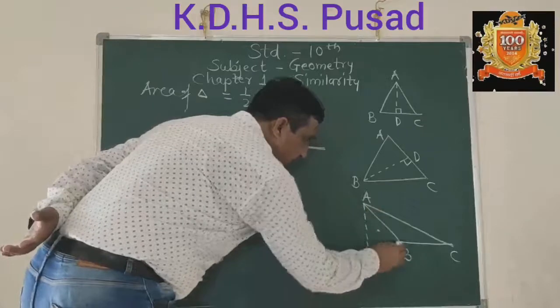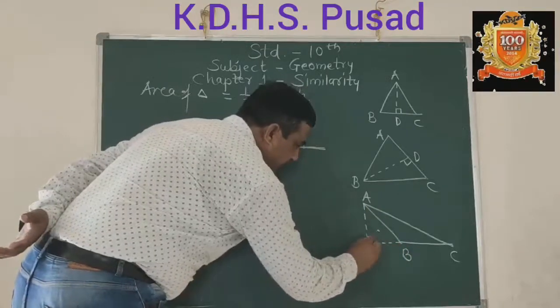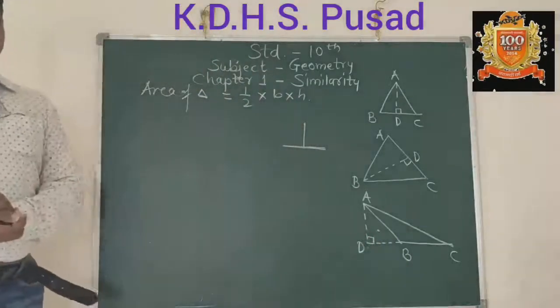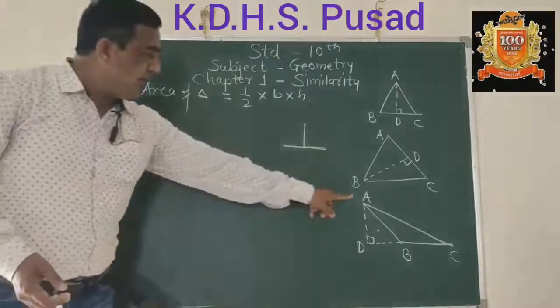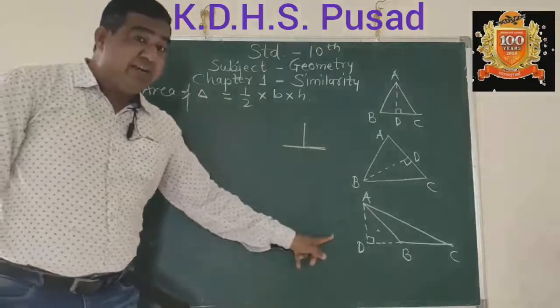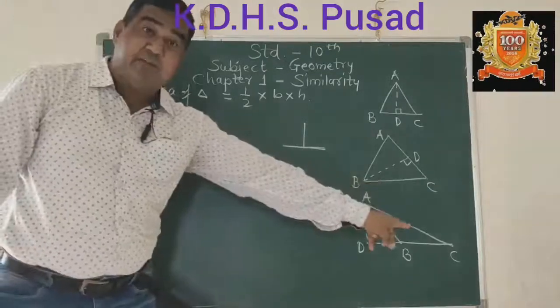So I have to produce side BC, and then you get the height. Now in this diagram, what is base and what is height? Obviously we have drawn perpendicular AD, that is height. But on which side have I drawn this perpendicular AD?